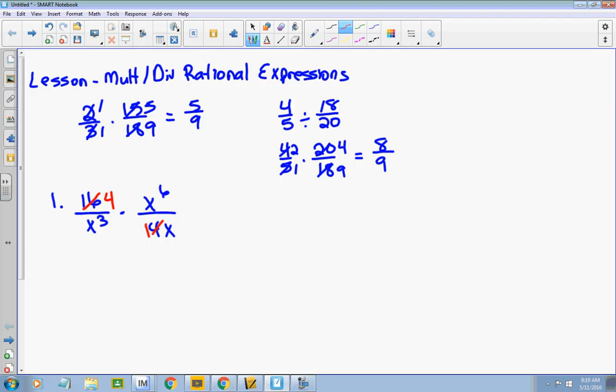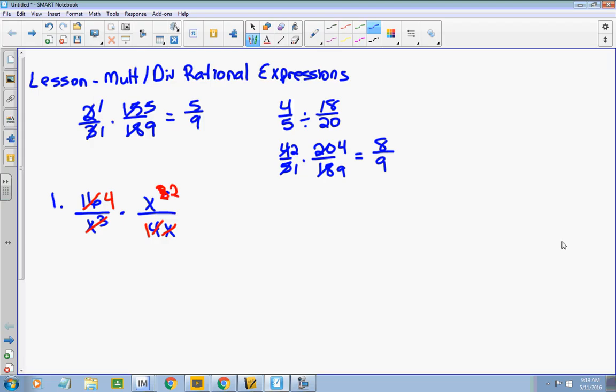I can also cancel out my x to the 3rd and get rid of x to the 3rd in the numerator. And that becomes an x to the 3rd right there. But then I still have this x at the bottom, so I could actually get rid of it and make this into an x squared.